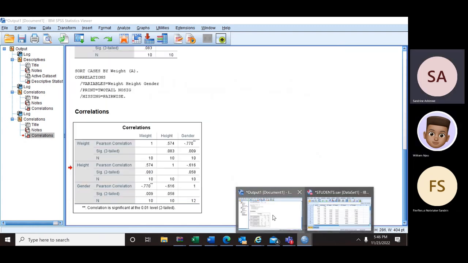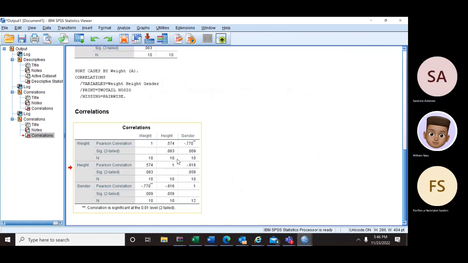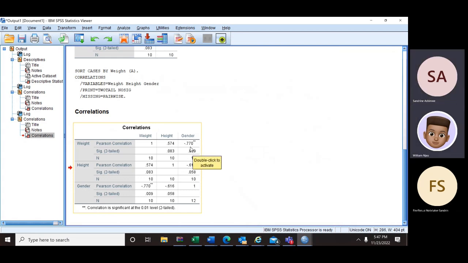So I was trying to see how this interprets it. If it's a negative correlation, as one goes up, the other goes down. It's telling you that as you move from males to females, the weight is going down.